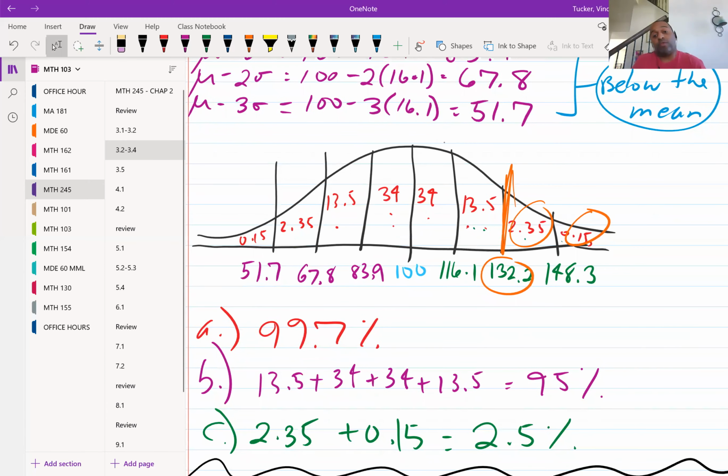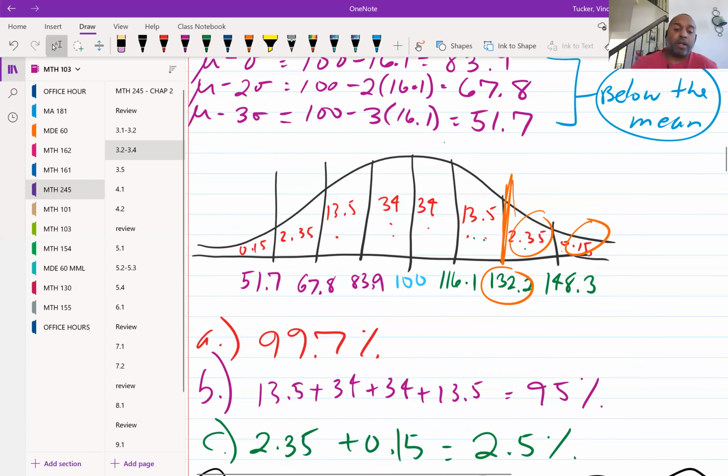So that's how your empirical rule works. Once again, those percentages are fixed. The numbers at the bottom will change according to whatever your mean and standard deviation are. And then depending on the question, that would dictate what percentages you add together.